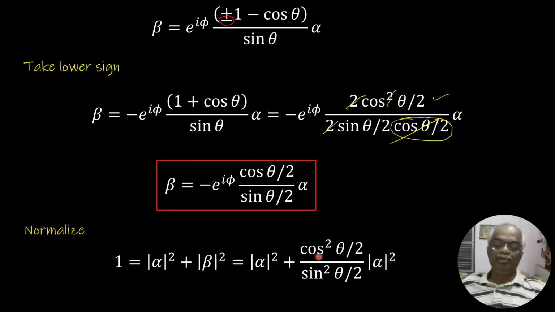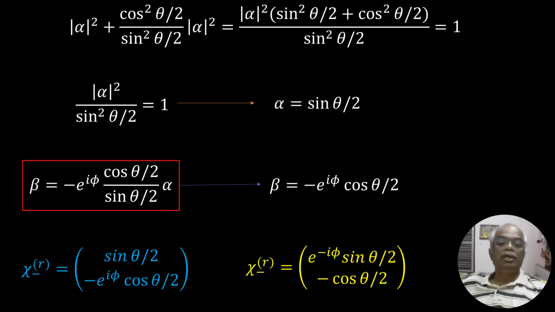Now we will simplify further. We got this relation: modulus alpha squared plus cos squared theta over 2 divided by sine squared theta over 2 multiplied by modulus alpha squared is equal to 1.